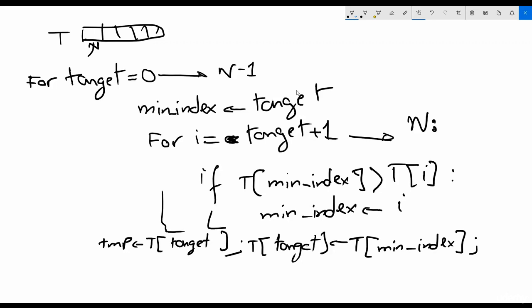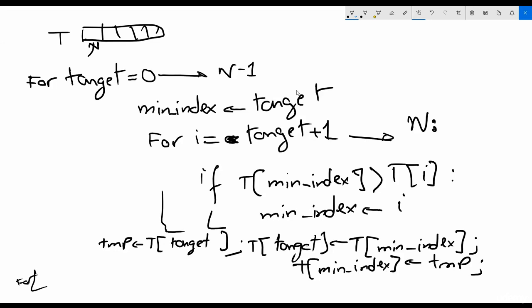And then finally, once we've copied t of min index inside t of target, we're going to copy inside t of min index the temp. Okay, so t of min index takes the temporary variable. And now we completed the entire swapping. So yeah, and we close the for loop. And basically that's it. This is the algorithm that you have to follow in order to implement the selection sort.